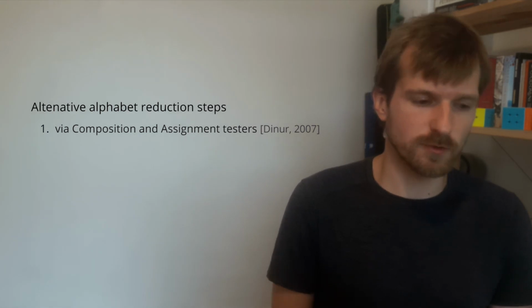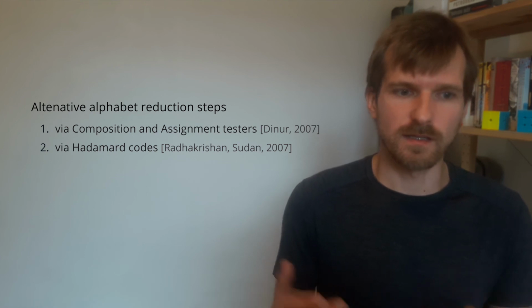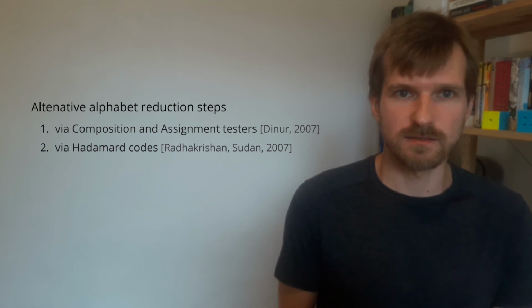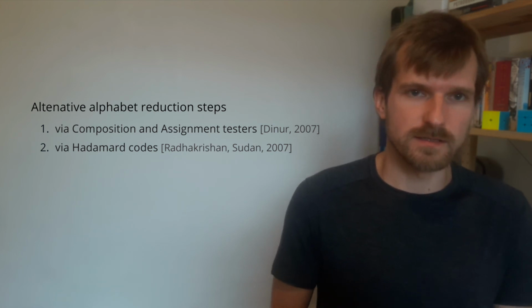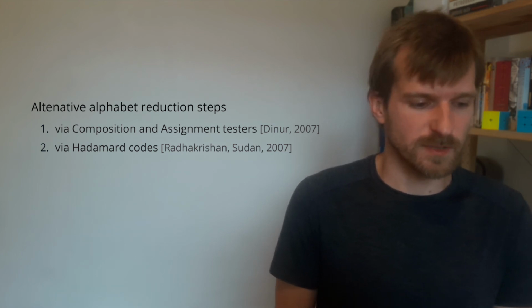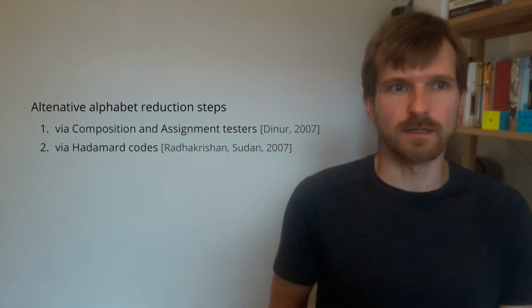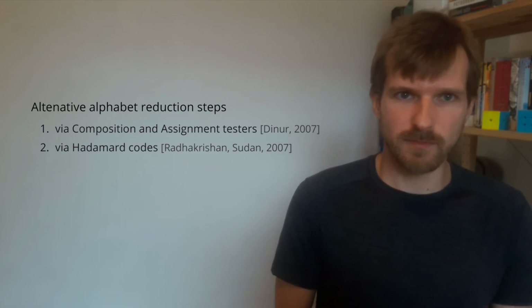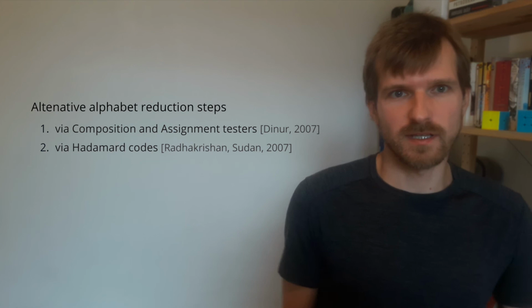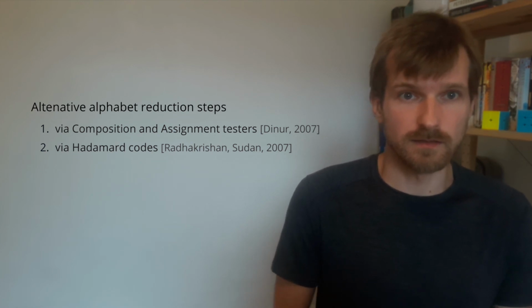There is also another proof of alphabet reduction that was exposed in Radhakrishnan's and Sudan's reply to Dinur's proof of the PCP theorem. That is simpler, in a sense a gadget reduction similar to our paper, and uses Hadamard codes, but we still believe that our proof is easier and more approachable.